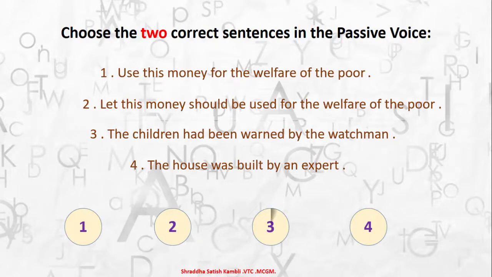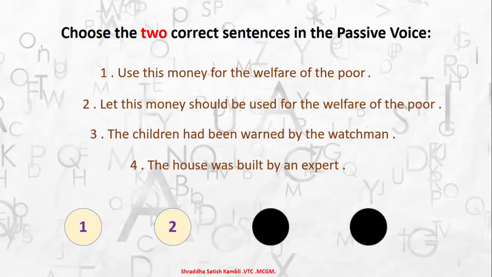So sentence number 3, the children had been warned by the watchman is in the passive voice. And sentence number 4, the house was built by an expert is in the passive voice. Alright, so that was pattern 3 for you, where you selected the correct sentences in passive voice and also you had 2 sentences which were in the passive voice.